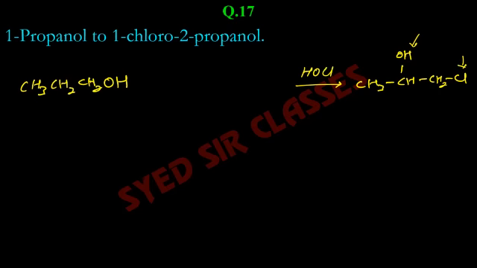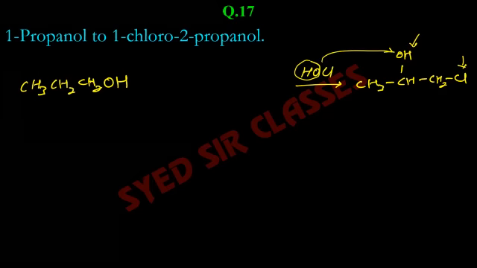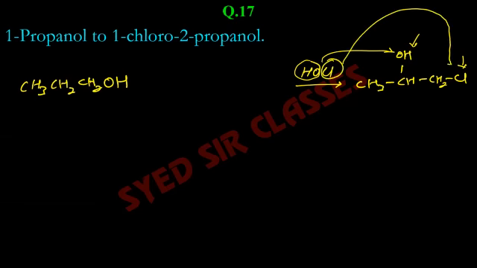Then you can use hypochlorous acid, HOCl. So this OH will get attached on one carbon of the double bond. There has to be a double bond. Obviously, we will convert alcohol to double bond, and chlorine will get attached to another carbon of the double bond. So we need to introduce the double bond, and we can introduce it through dehydration. Concentrated H2SO4 will remove OH from one carbon and hydrogen from the adjacent carbon.